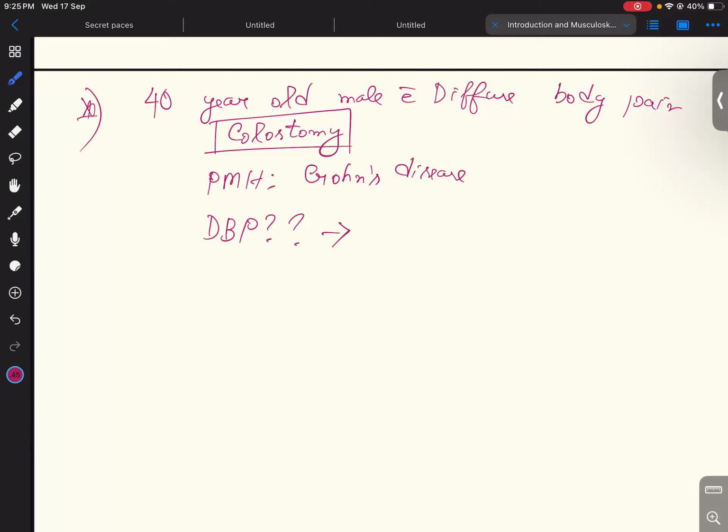Is it hypokalemia? Not likely. It is actually osteomalacia.